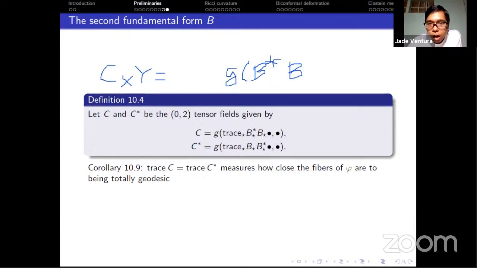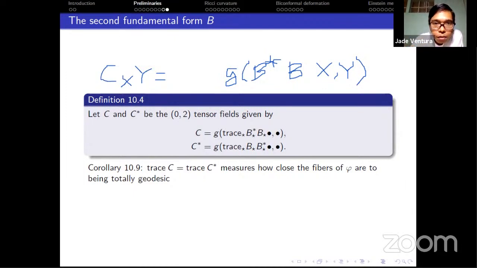Those two bullets are where we insert X and Y. And then the trace, that trace subscript star there means that we get the trace.